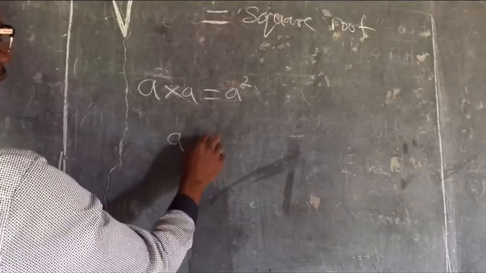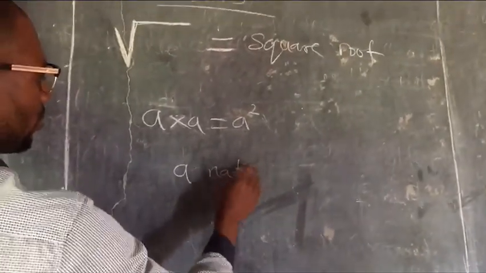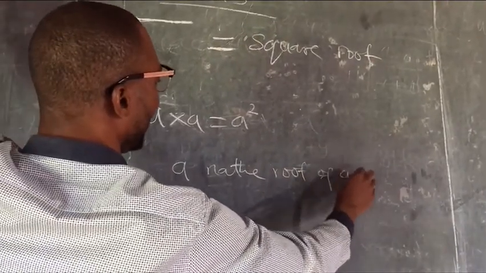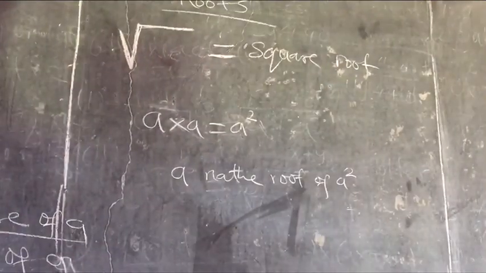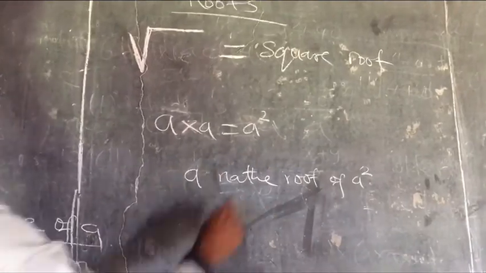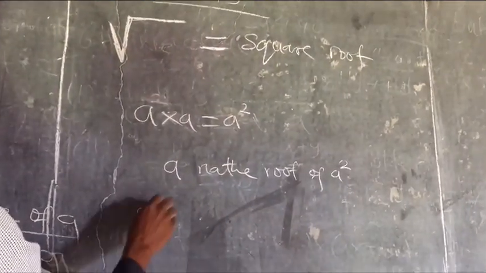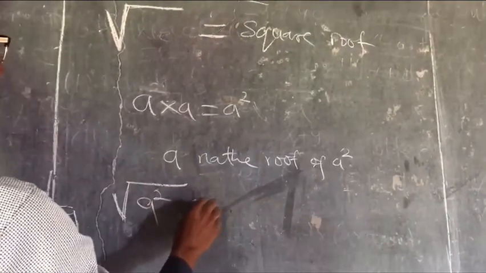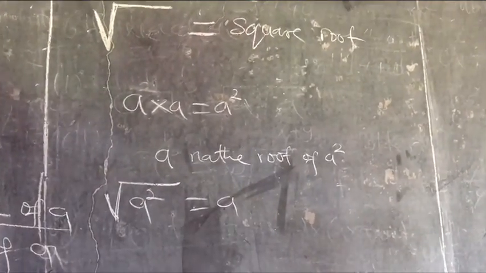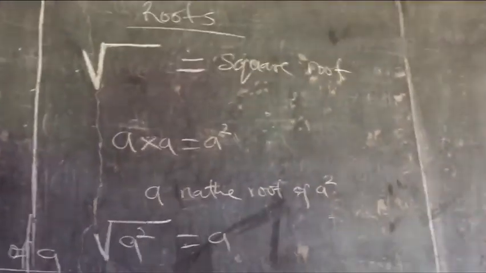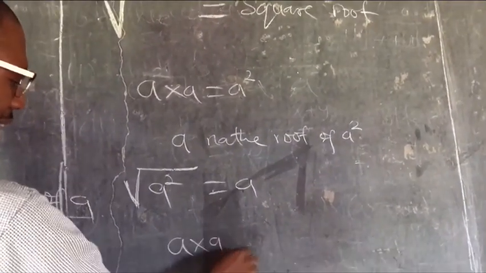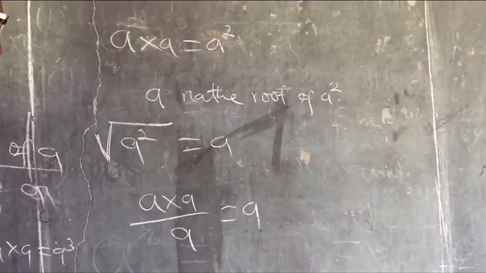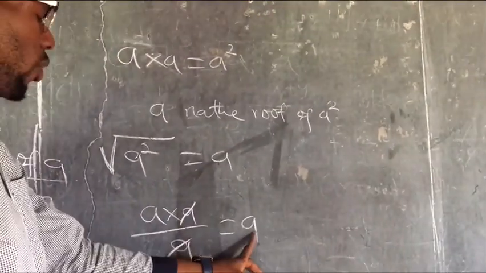So if I take a square and take the square root of a square, I will get a. What does it mean? It means if I take a times a like this, divide it by this a, I get a. So if this one cancels, I get a.